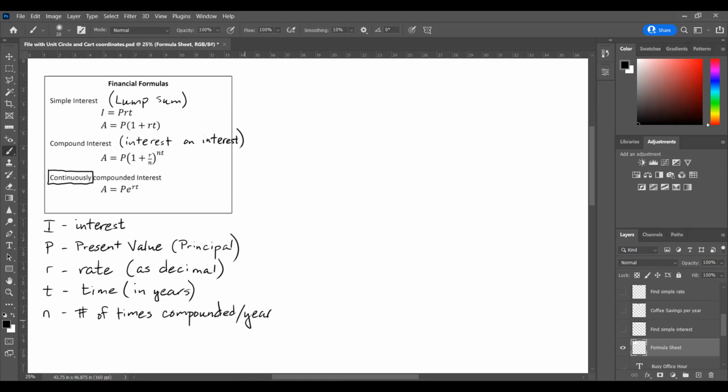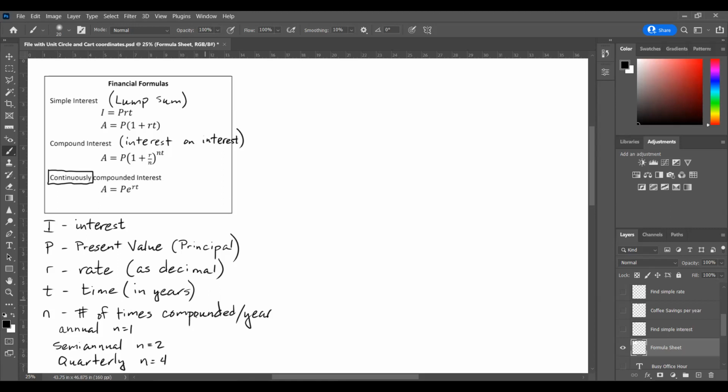And we've got some words that will help us. If it is annual, then we know that N equals 1. If it's semi-annual, or every 6 months, then we know that N equals 2. If it's quarterly, then we know that N equals 4.